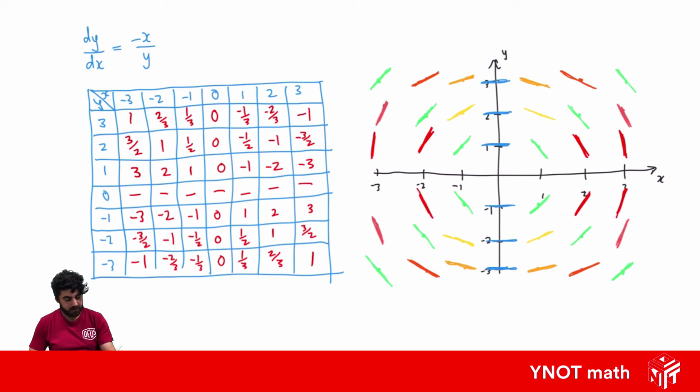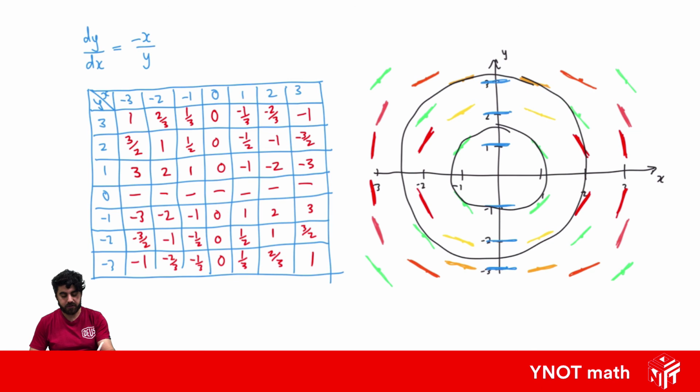And finally, the last -3 at -3, -1. And if you couldn't tell already, these look like they're forming solutions to the differential equation that look like circles. So it looks like possible solutions involving circles for our differential equation that would map out those same gradients.